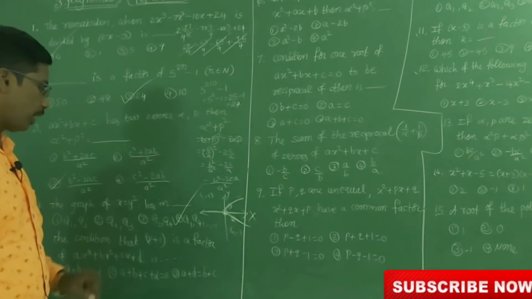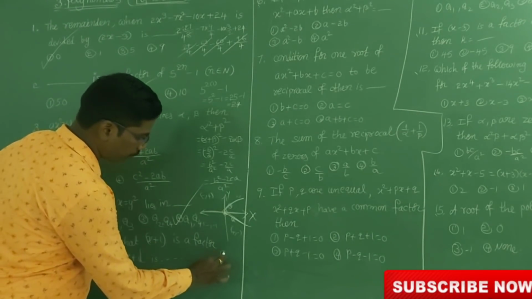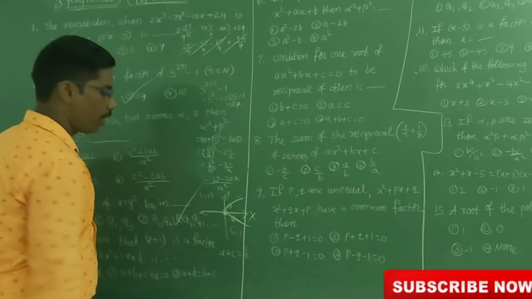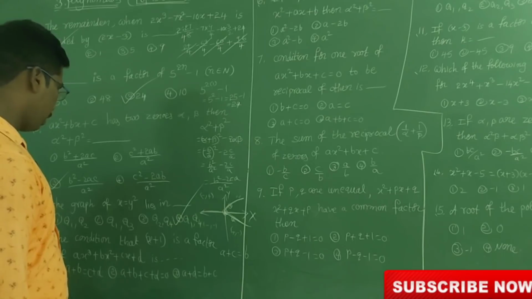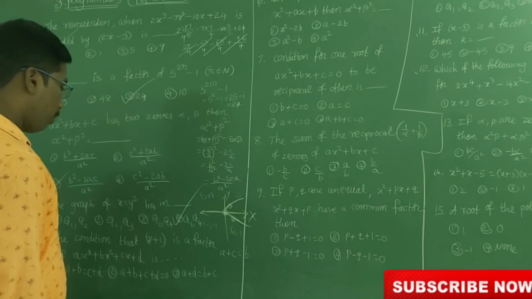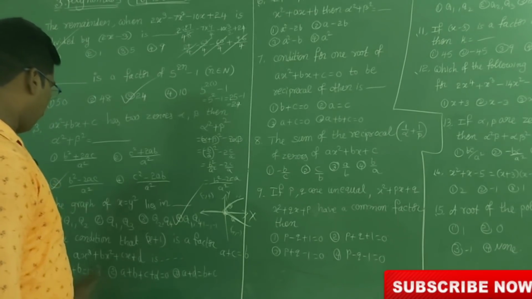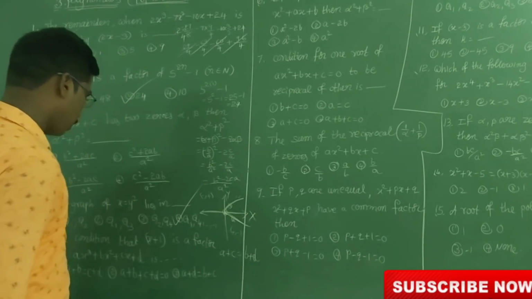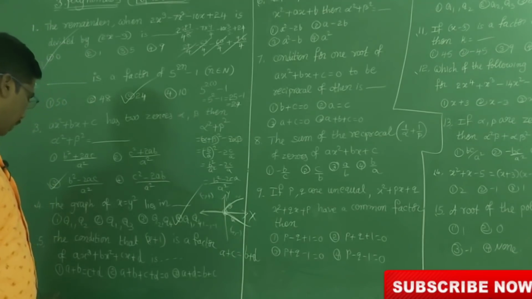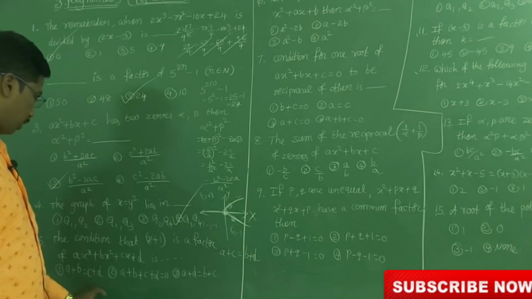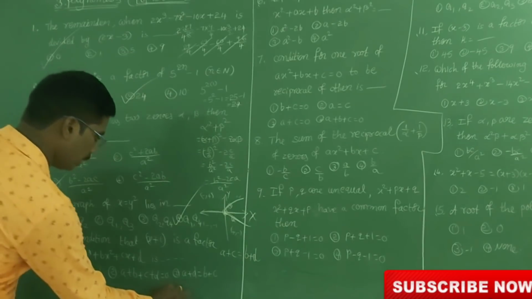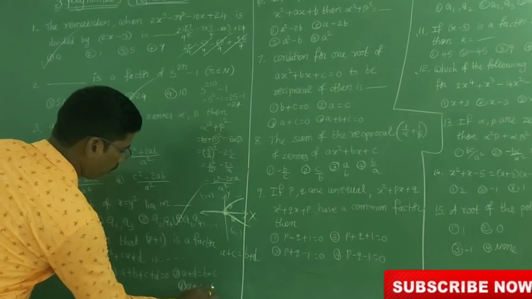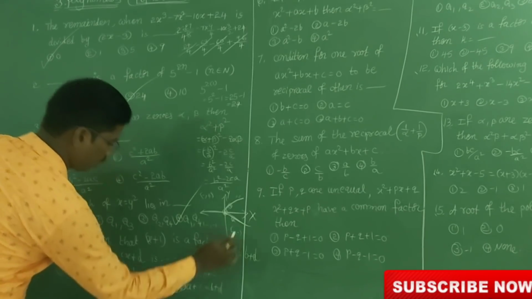So here x plus 1 is a factor, then we know very well a plus c is equal to b plus d. So the fourth option, that is a plus c is equal to b plus d, is the right answer.